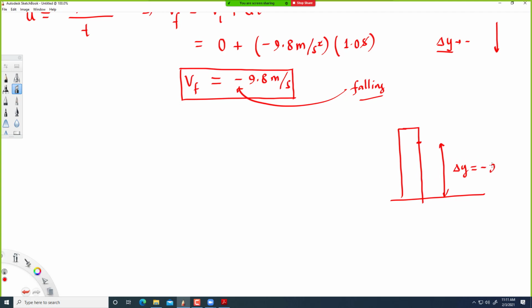Okay, 2.5 meter, because it's falling down. If it is going up, then it will be positive. So we have delta y is negative 2.5 meters, and then the starting speed, initial speed, is 2 meters per second.